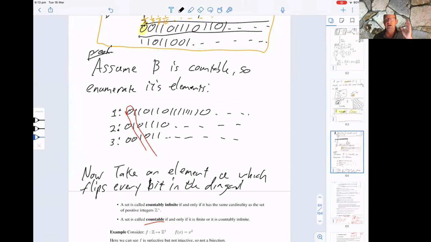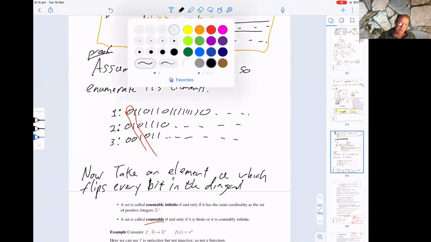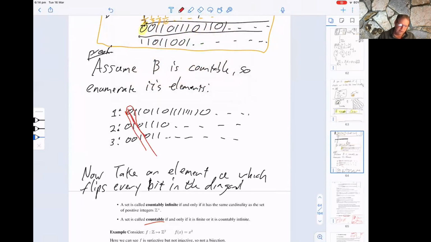What do I mean? If you gave me an enumeration, here's the enumeration. If something was a 0, I'll make it a 1. And if it was a 1, I'll make it a 0. And if it was a 1 here, I'll make it a 0, etc. So I'm going to flip every one. So this is the new element, U.